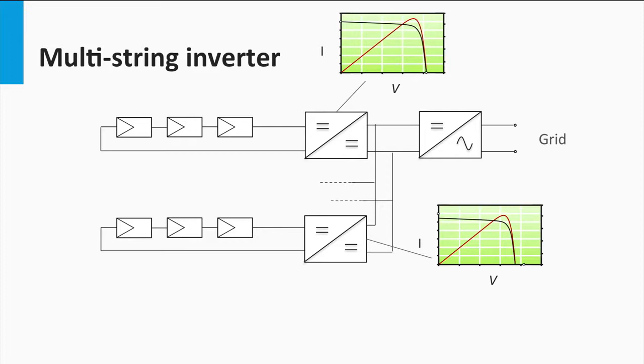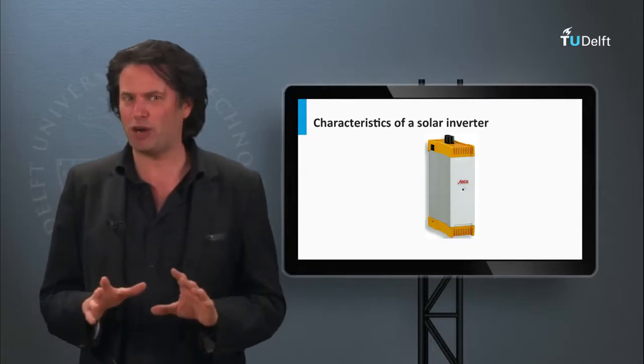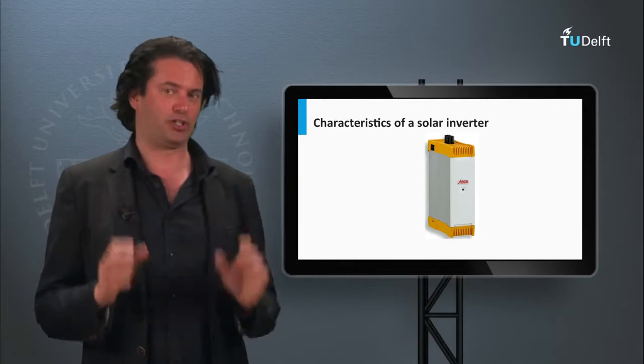All the converters are connected via a DC bus to the inverter and ultimately to the grid. Within a certain power range, only a new string with a dedicated DC-DC converter has to be included to expand the system size. We now have an overview about the solar inverters and their topologies.